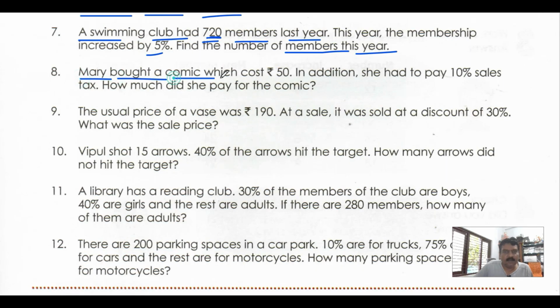Mary bought a comic which cost rupees 50. In addition, she had to pay 10% sale tax. How much did she pay for the comic? So Mary is a girl, bought a comic which cost rupees 50. Let's write down that.